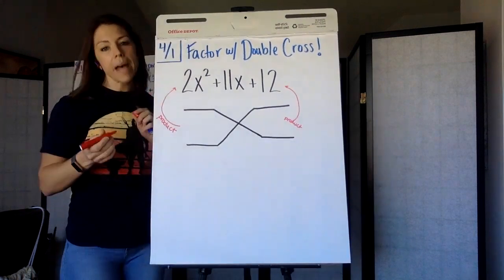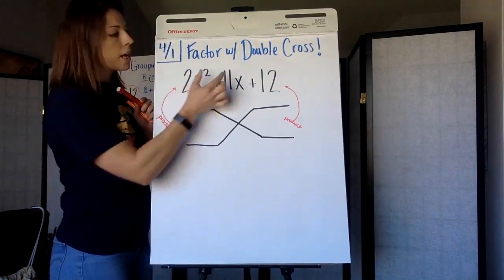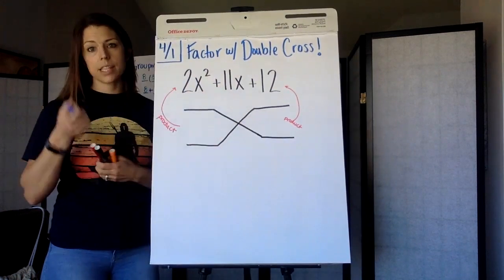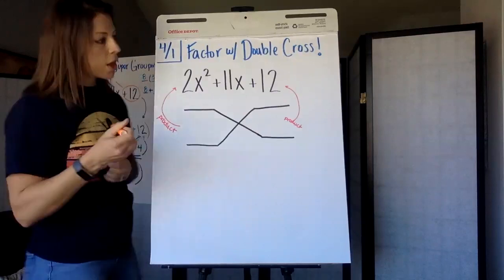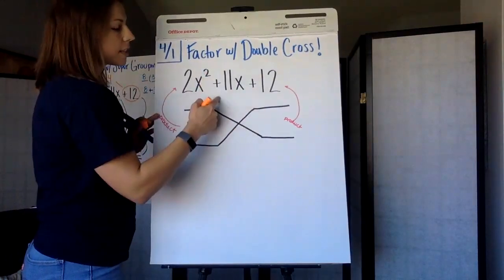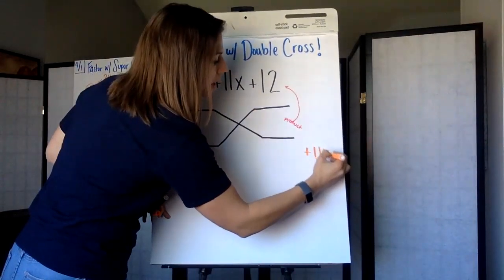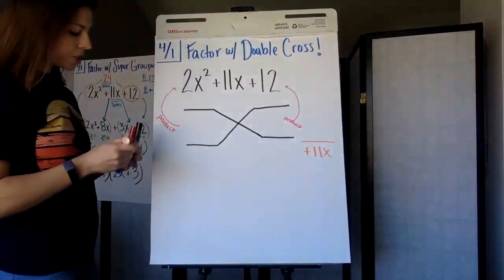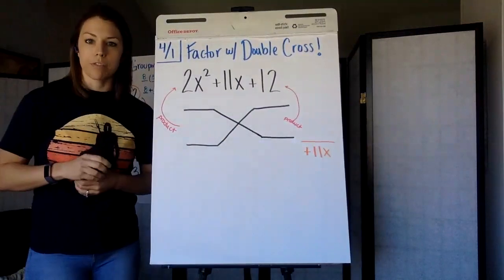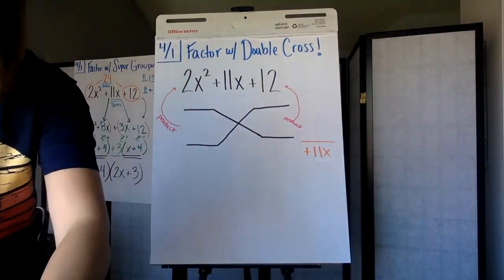But there's always a catch. The middle term, 11x, is always the sum. So you still need to have a sum of 11x, but you're going to put it down here for me, and I'll show you why in just a moment. So we're just setting this up, getting it ready for when we go.